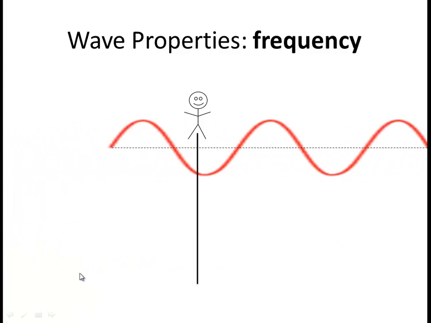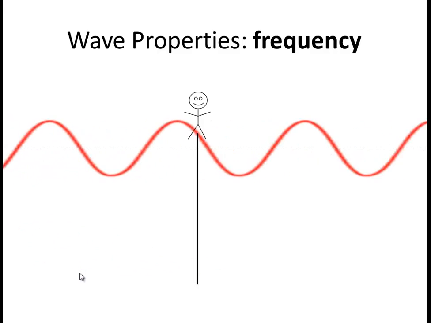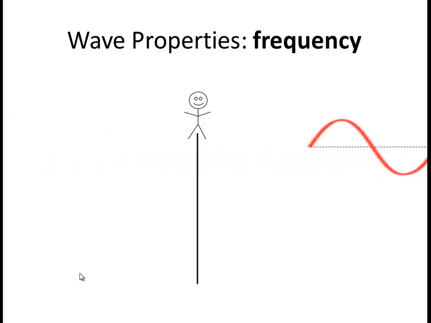Boom, boom, boom, boom, boom. Let me do that one more time. Notice the rhythm of the peaks going by. The wave itself is traveling at the same speed as the previous wave, but the frequency with which the peaks went by your field of vision was much slower.